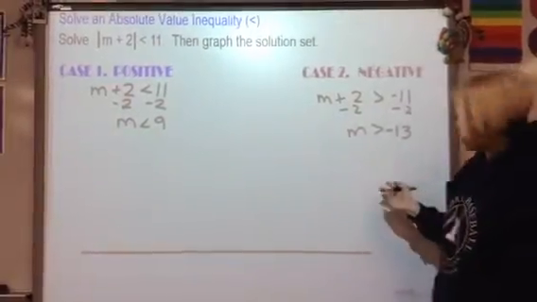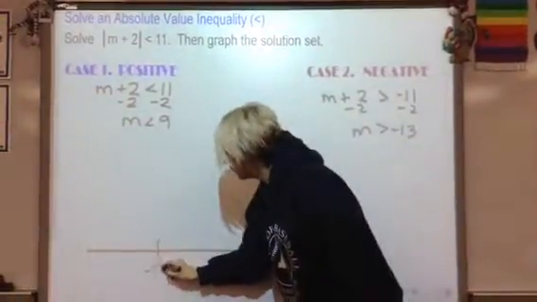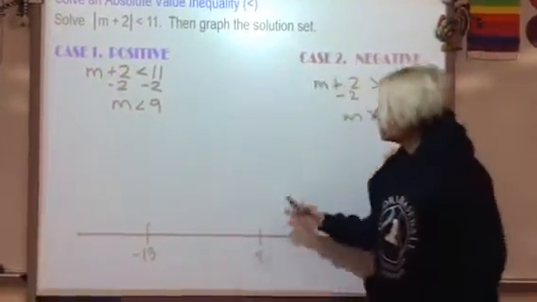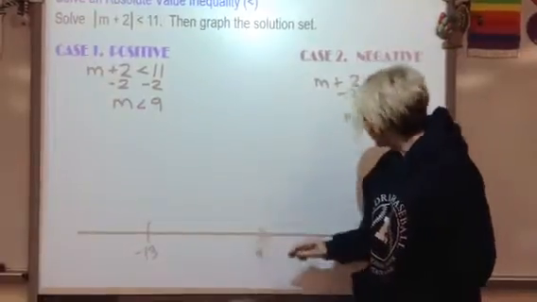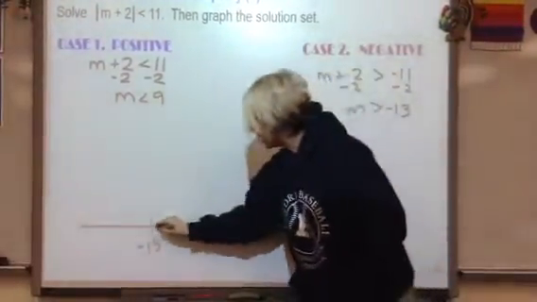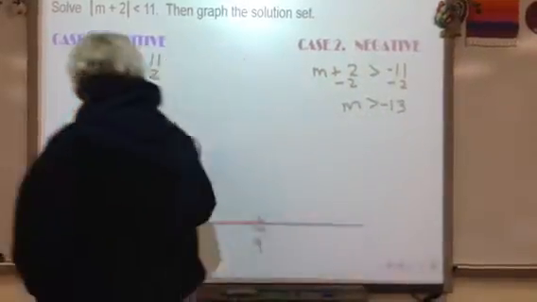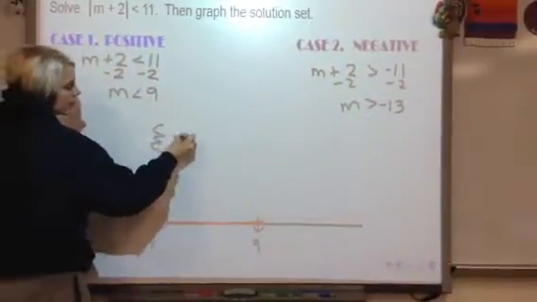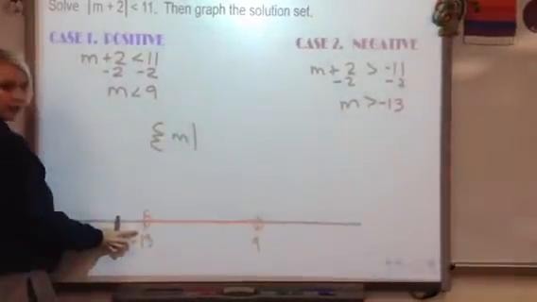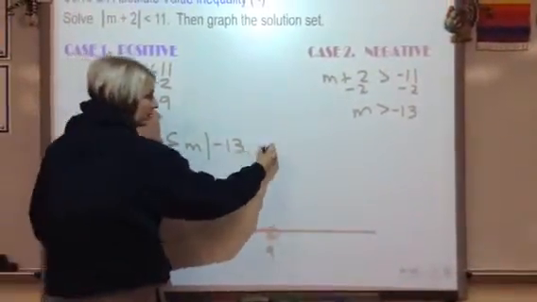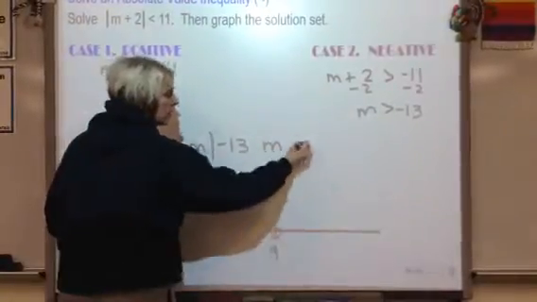Let's just graph it first. Here is -13. Here is positive 9. If you look, it is less than 9, so it does not include the 9. Greater than -13 does not include it, and it's a line segment between. So we would write m such that, we start there with -13, and we have m in between, then 9.